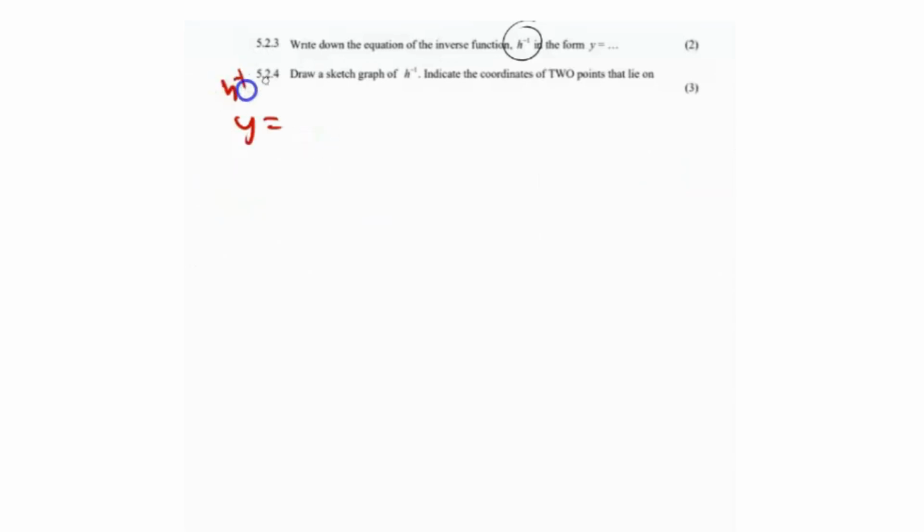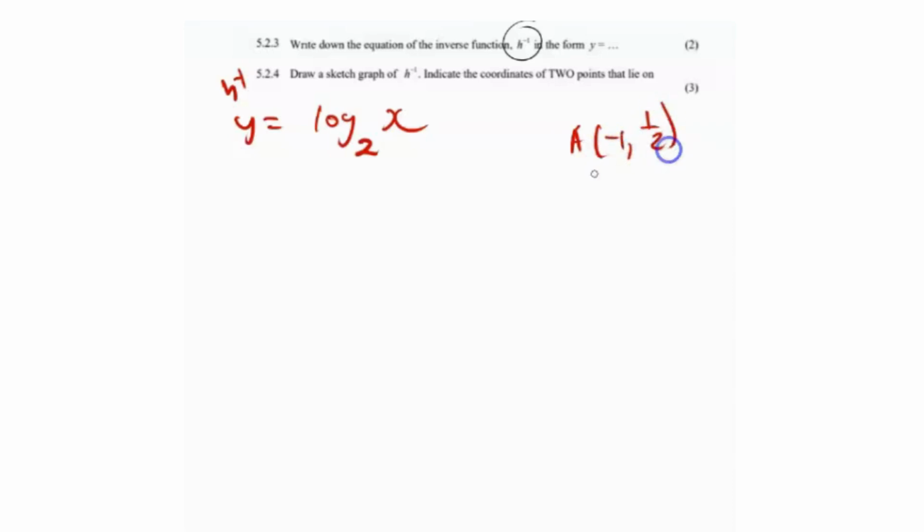So the inverse function is log base 2. So we should try to do this. Remember, when it comes to the log, since the equation is an inverse, we can also try to use the previous points.